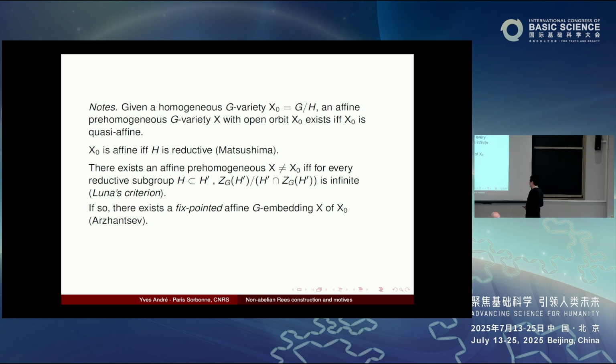But there is a complement by Arzhantsev that in that case, if there exists an X which is different from X naught and which is affine and pre-homogeneous, then one may assume, in addition, that such an X exists which is fixed-pointed.